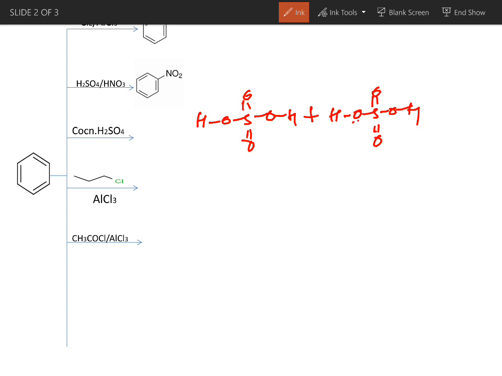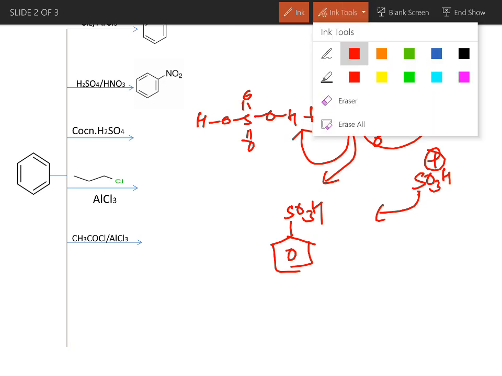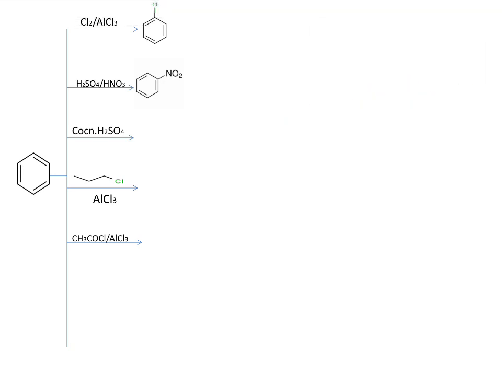Now a lone pair of this oxygen takes a proton and forms H2O, which further gets eliminated, leaving behind an electrophile SO3H. Now this SO3H easily attacks on benzene ring and forms a compound benzene sulfonic acid. So the product of the third reaction is benzene sulfonic acid.